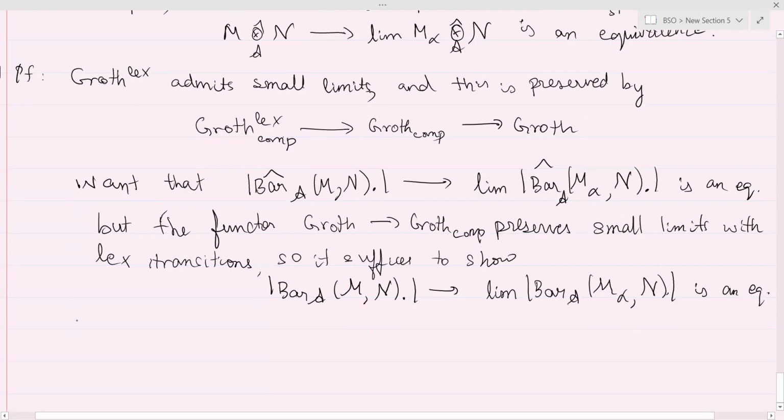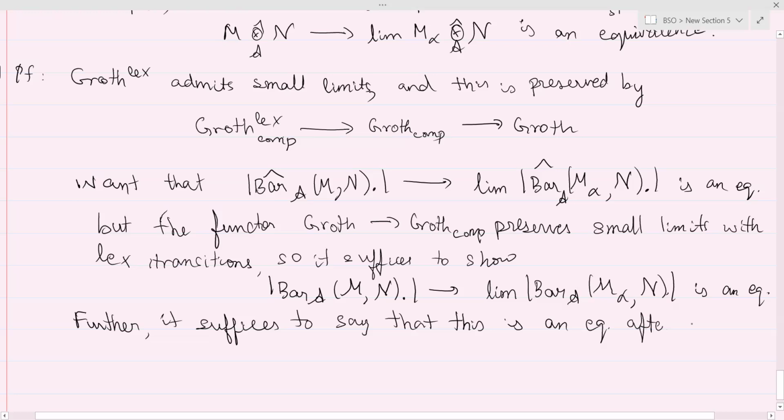Now we make a couple of further reductions. Further, it suffices to say that this is an equivalence after applying the functor, after looking at spectrum objects.